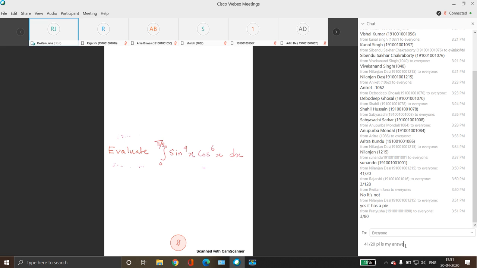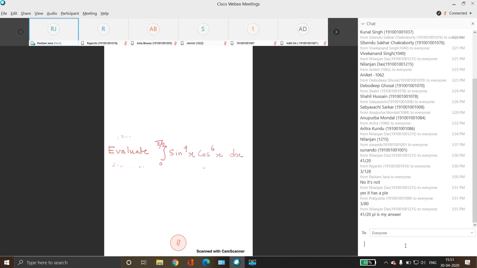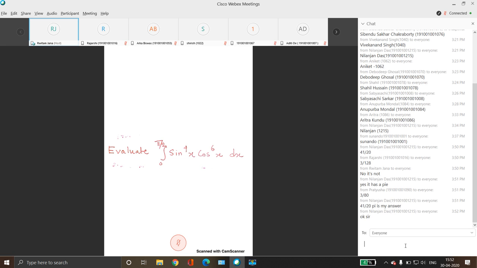No, Pratyusha, 3/80 is not correct. Nilanjan, 41/20 pi is not right. I can say precisely what Rajarshi got, that is 3 pi by 128. If it is 3 pi by 128, then it is very close.